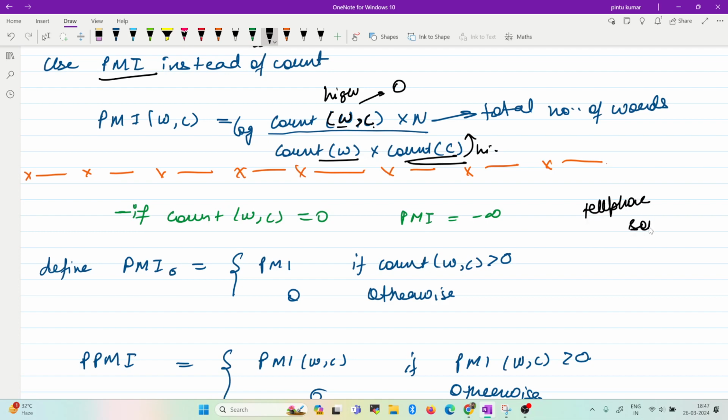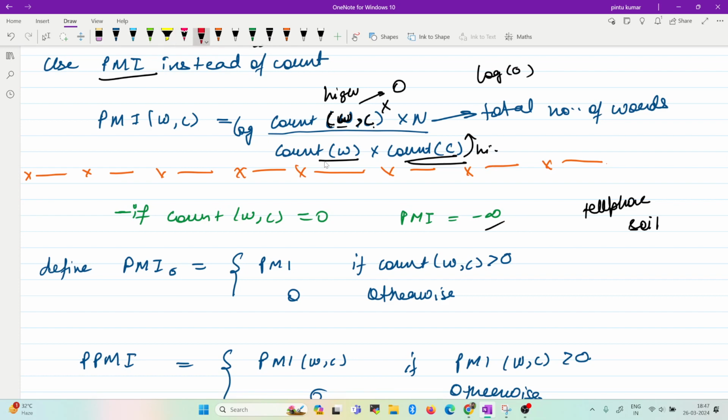There is very little chance that these two will occur together in any corpus. So there are cases where the count of W comma C is 0, and log of 0 is definitely not defined. It is close to minus infinity. We don't want this to happen.